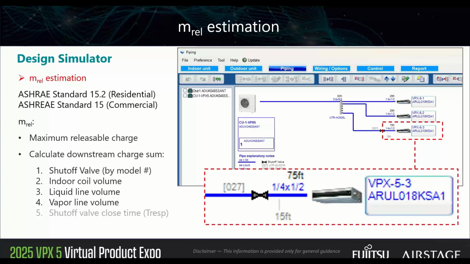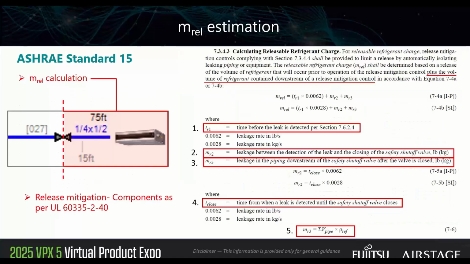However, by far the majority will be a combination of 1 through 4 above. These are the values that you would not be calculating, but it is something that is done in the background once Design Simulator will be able to provide this information.